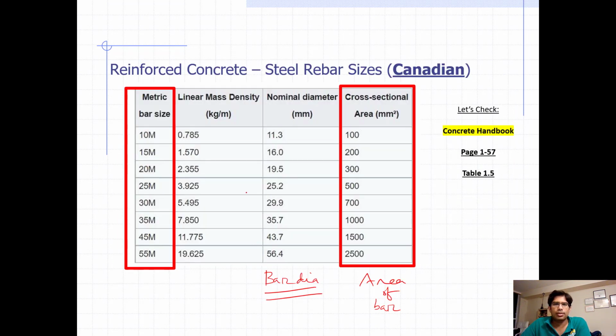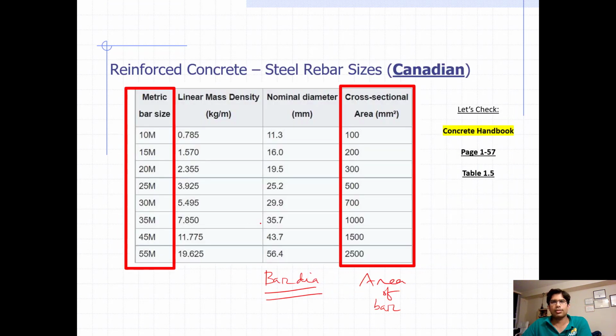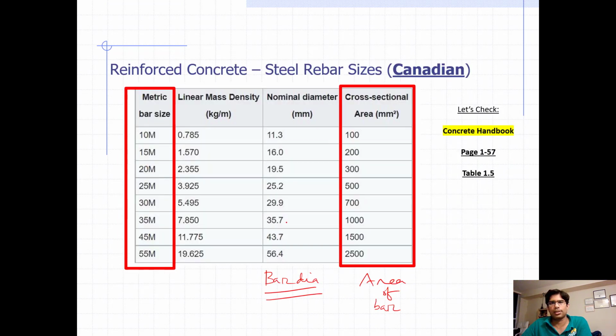So 25M is 500 millimeter square, multiplied by 24. So it's 12,000 millimeter square. And this is millimeter square. So we are getting this from this table, and in the book it just did the multiplication, so you can just use the original table in the first place.